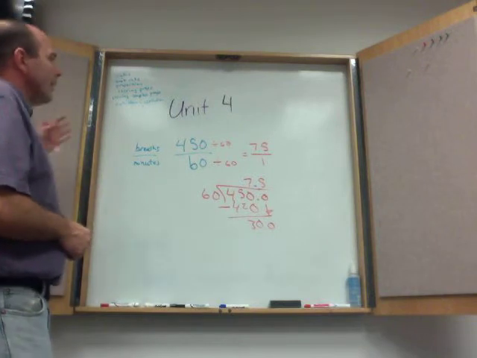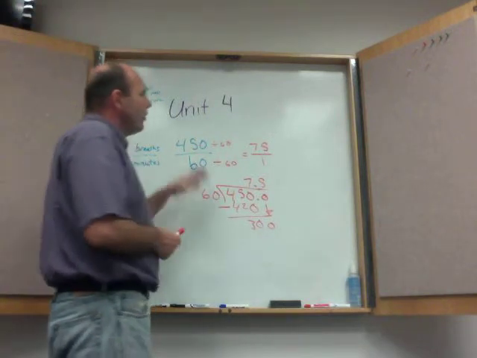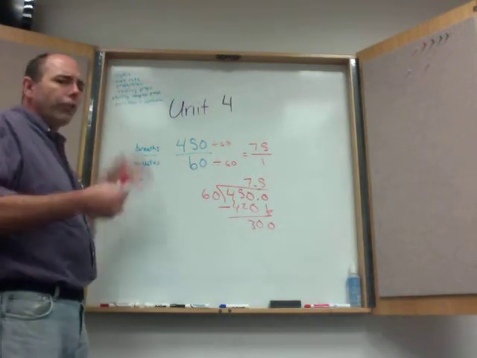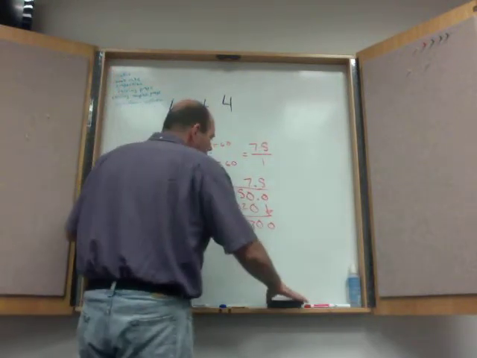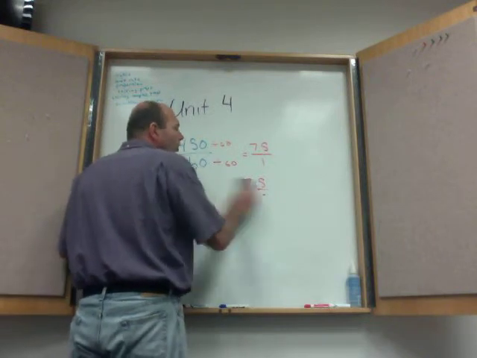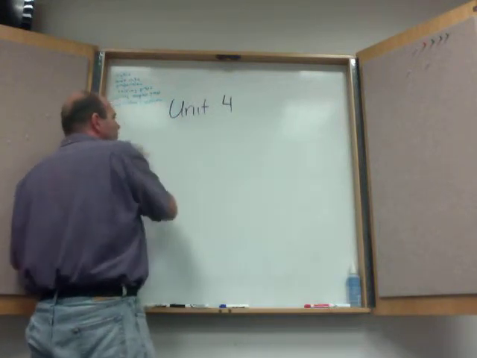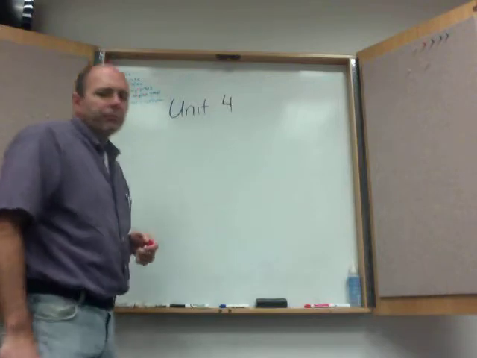Okay. Now let's look at proportion. Proportion and unit rate and ratio, they're all very closely tied together. The proportion is what helps you solve things. And I'll show you what I mean.